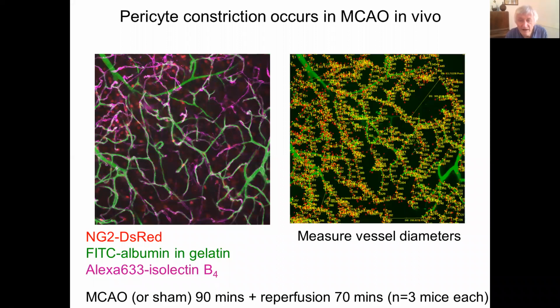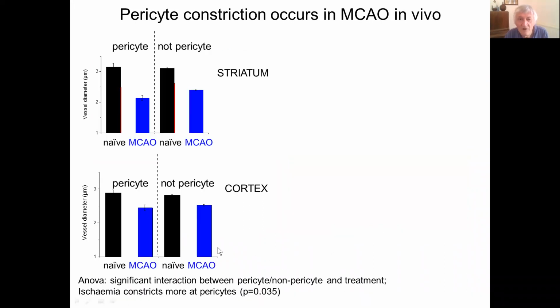Well, we can find out what is going on there by drawing lots of little lines across the vessel like this, using a semi-automated procedure called a PhD student. And you draw all these lines. They say it's really enjoyable. And you can then measure the diameter of all these vessels.